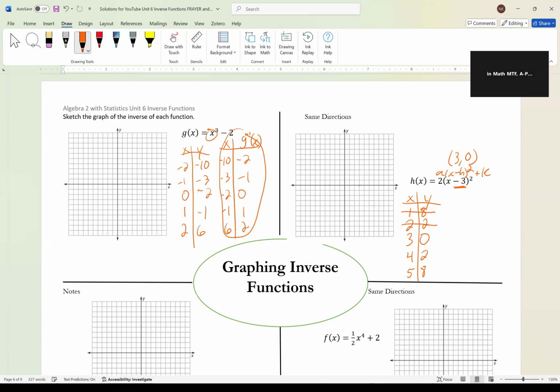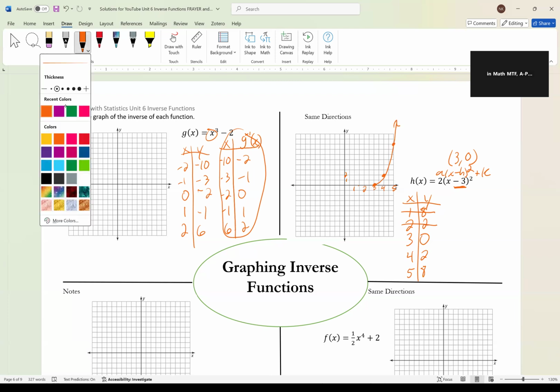I'm going to make my life easier. Yep. I'm going to go by 2's in the x just to spread it out a little bit, but I'm going by 1's in the y. There we go. Okay.